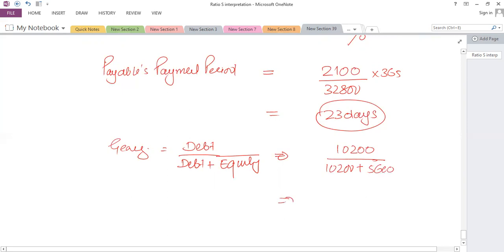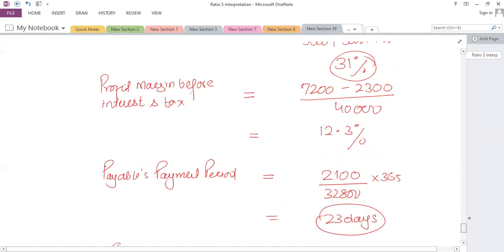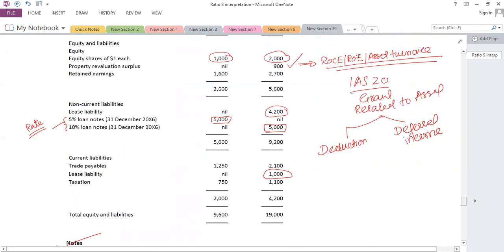So if I get the answer here, this is 64.6%. Did I take the correct values? Equity 15,800. So let me check equity again.